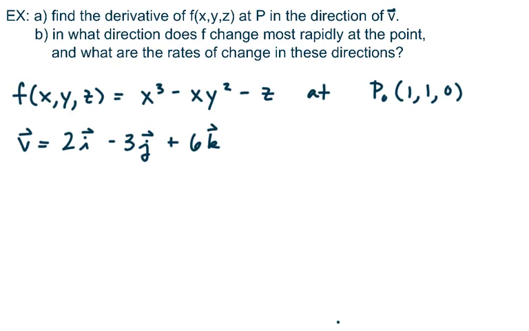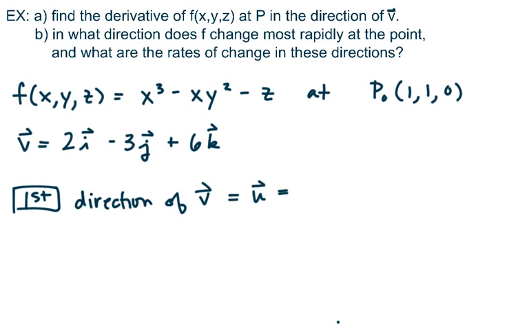If we want to find the directional derivative, we need the direction, which means we need the direction of v. So the first thing we're doing here for part A is finding the direction of v, which is going to be our unit vector, found by taking v and dividing it by its magnitude.